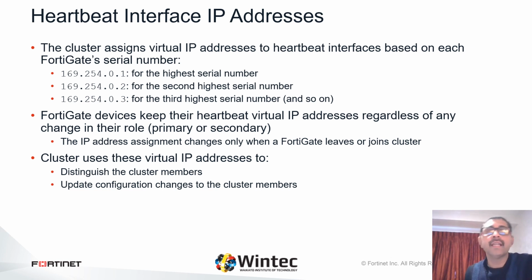Regardless of the device role at any time, primary or secondary, its heartbeat virtual IP address remains the same. A change in the heartbeat IP address might happen when a FortiGate device joins or leaves the cluster. In those cases, the cluster renegotiates the heartbeat IP address assignment, this time taking into account the serial number of any new device, or removing the serial number of any device that left the cluster. The high availability cluster uses these virtual IPs to distinguish the cluster members and update configuration changes to the cluster members.